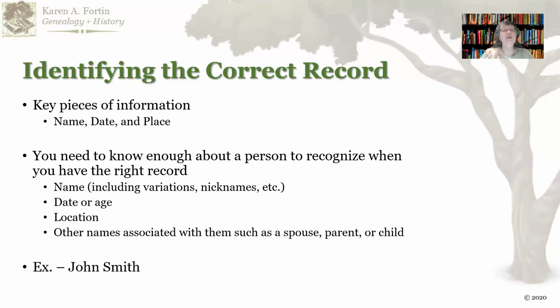So in some records, the age may be a little bit younger or a little bit older than what you expect. So always keep in mind a possible age range in order to recognize that person, and not be worried if the age is not exact in every document.